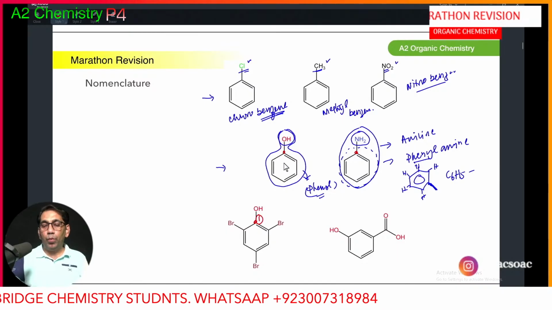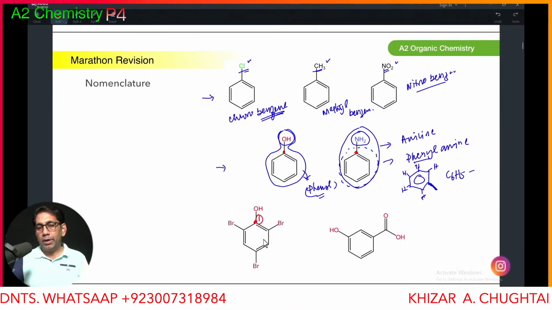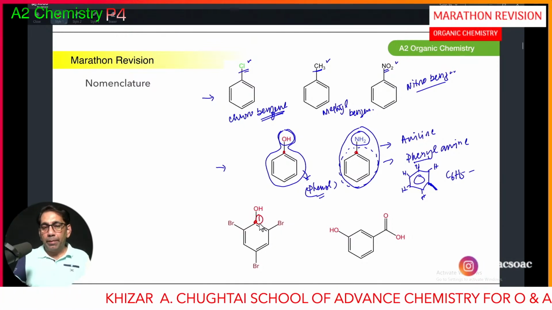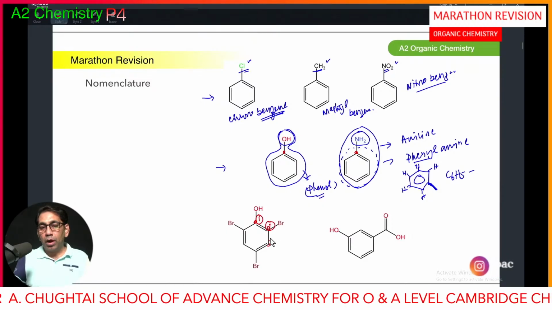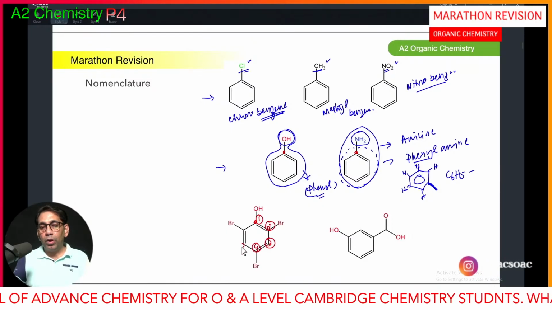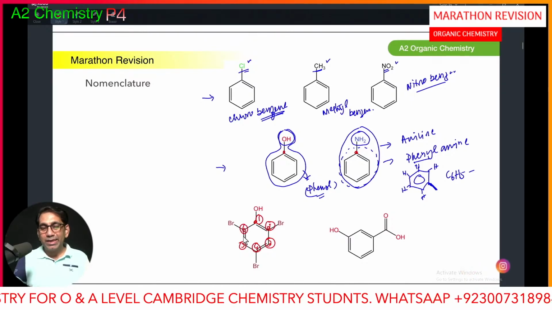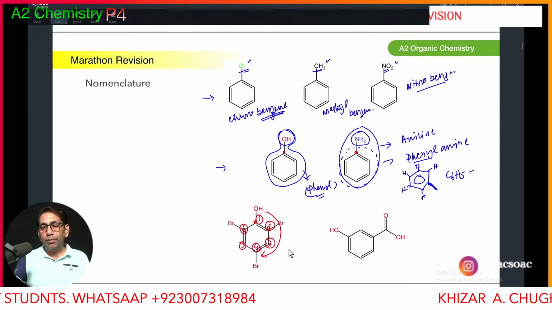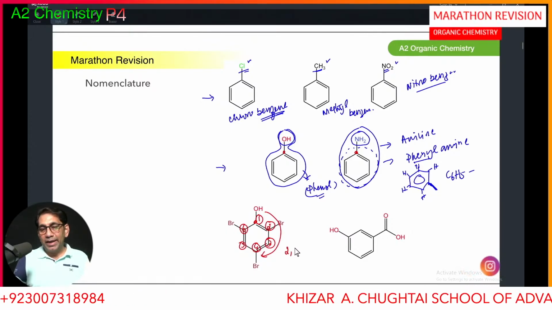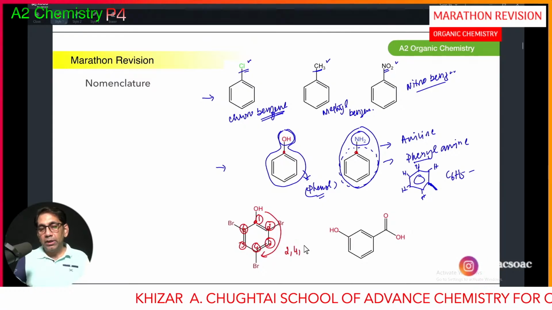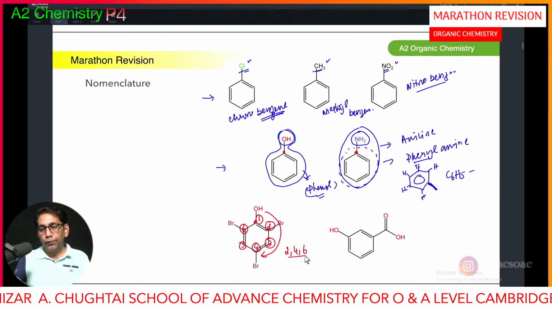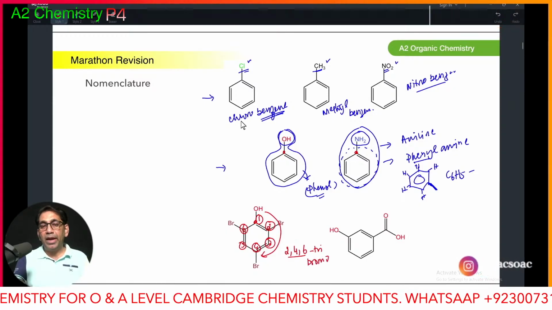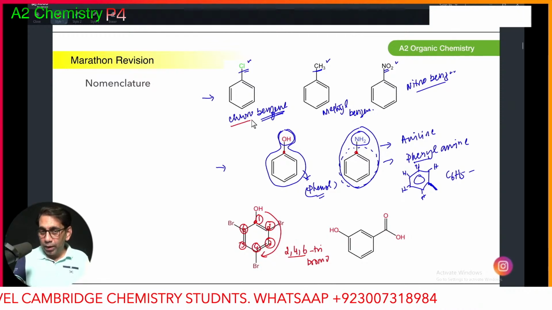I will start numbering clockwise, and then I will check anti-clockwise as well. So carbon number 1, 2, 3, 4, 5, 6, and so on. If I move like that, one Br is at position 2, the next Br is at position 4, the next Br is at the 6th position. 2, 4, 6, tribromo.